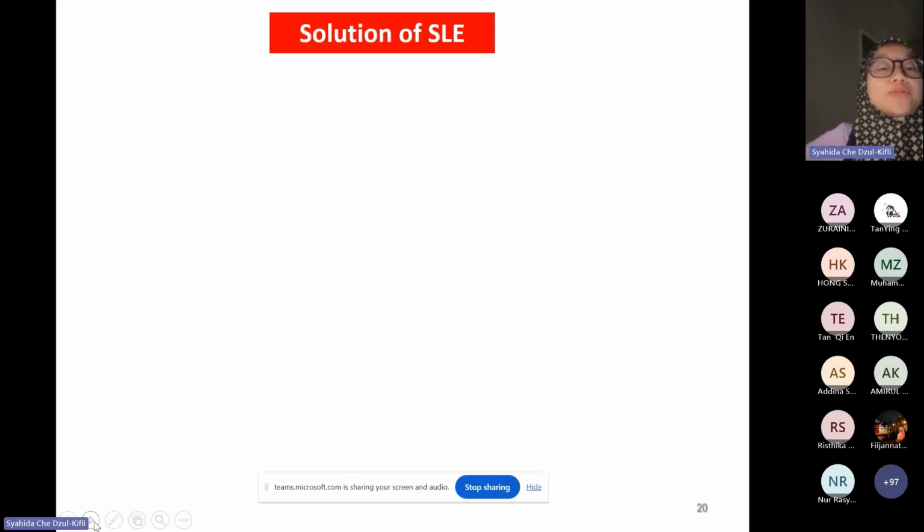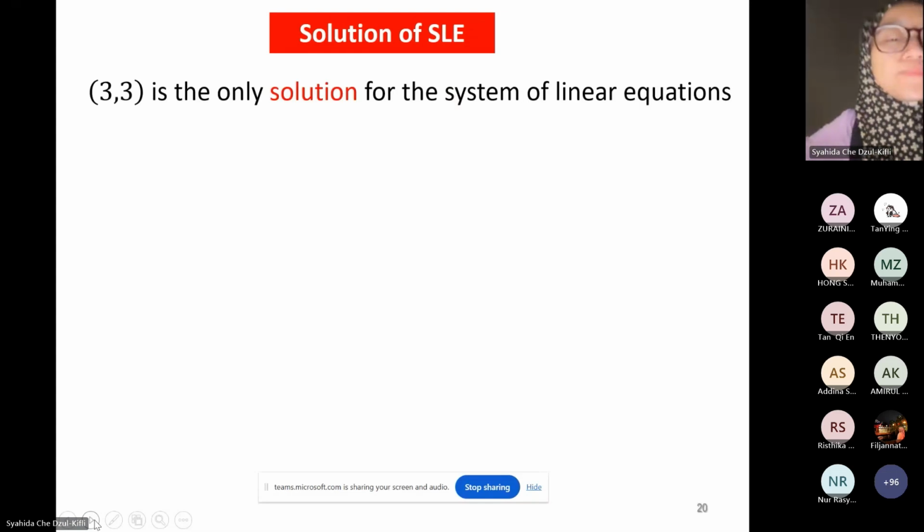Solutions of systems of linear equations. Since we know what is a solution of a linear equation, we may apply that understanding to understand what is the solution of a system of linear equations.